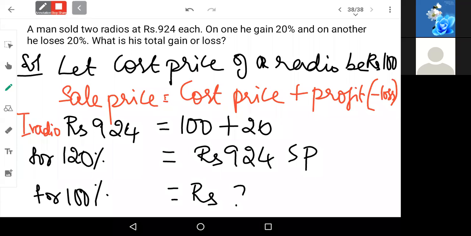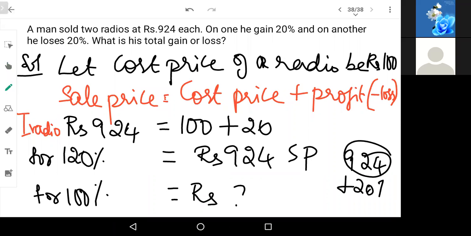Listen carefully. Now if you see here, 924 on the first radio, when I'm selling the first radio, I am selling it at 924 rupees. This 924 rupees is including 20% profit, which means 100% of the cost plus 20% of the profit, which is 120%.